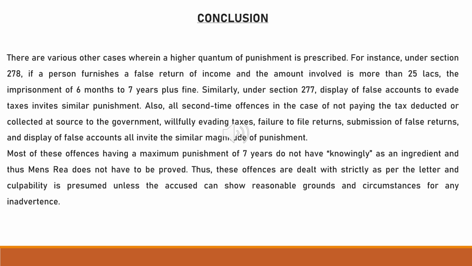Most of these offences, having a maximum punishment of 7 years, do not have 'knowingly' as an ingredient, and thus mens rea does not have to be proved. Thus, these offences are dealt with strictly as per the letter of the law, and culpable mental state is presumed unless the accused can show reasonable grounds or circumstances for any instance.